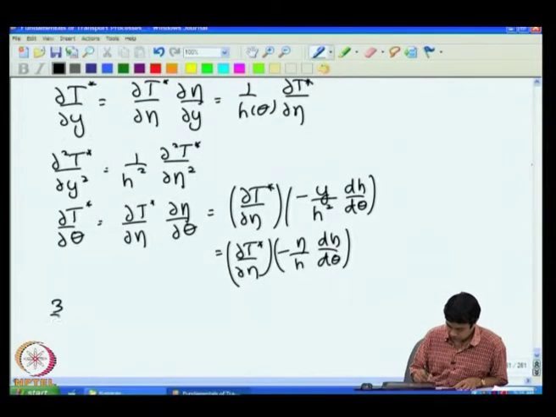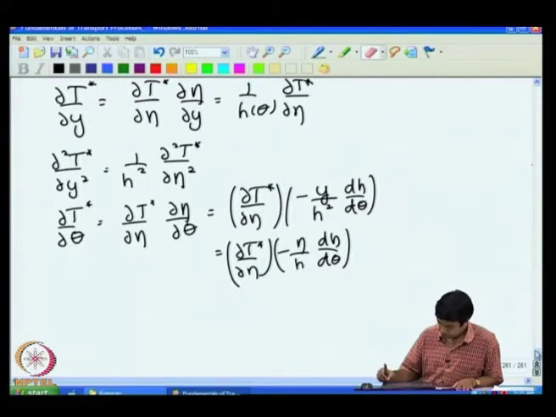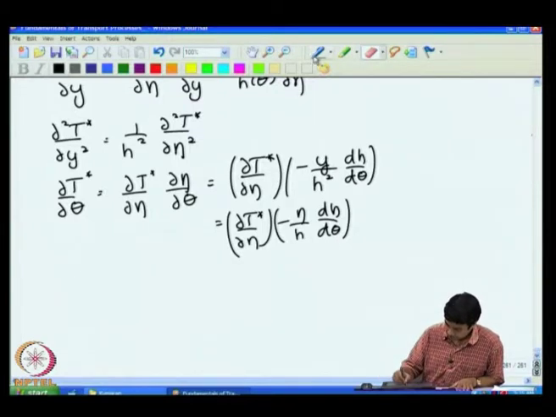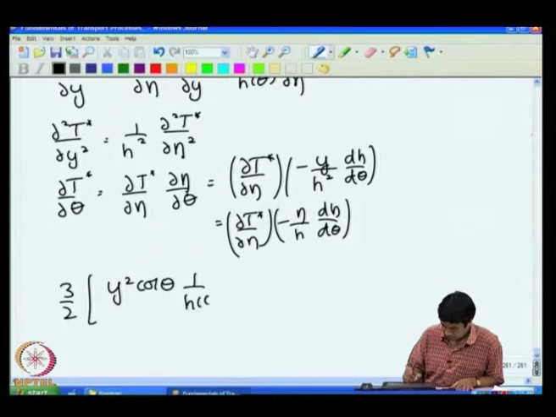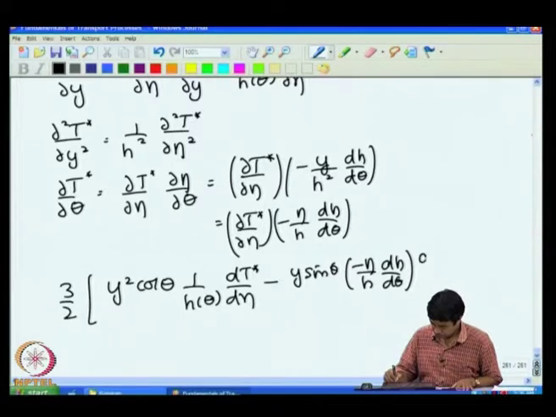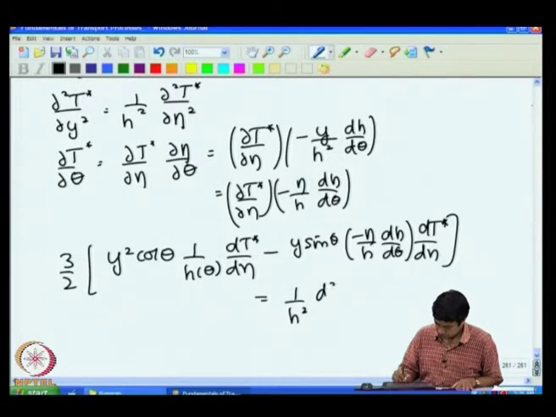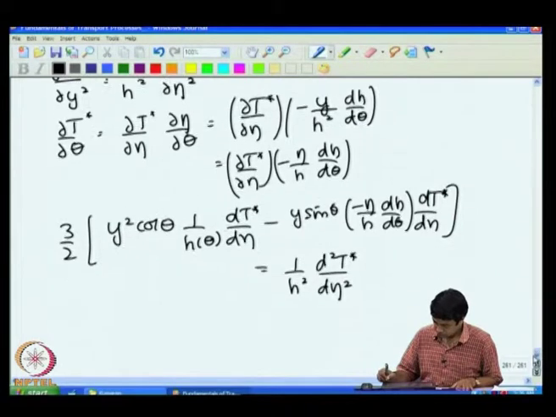I have 3 by 2 into y square cos theta, into dT by dy, which is 1 by h of theta dT by d eta.